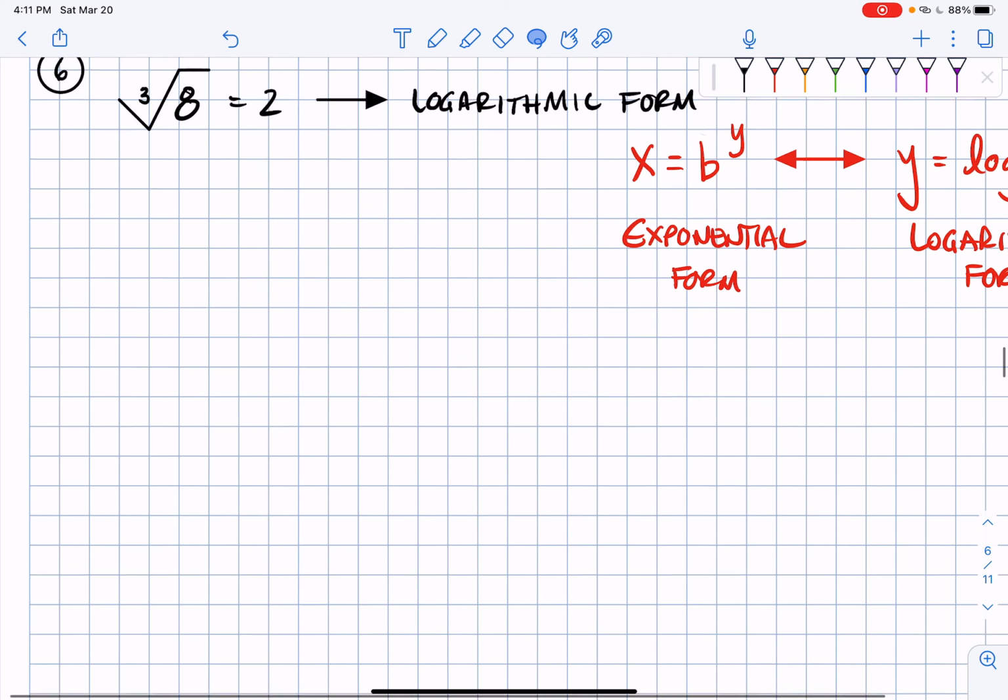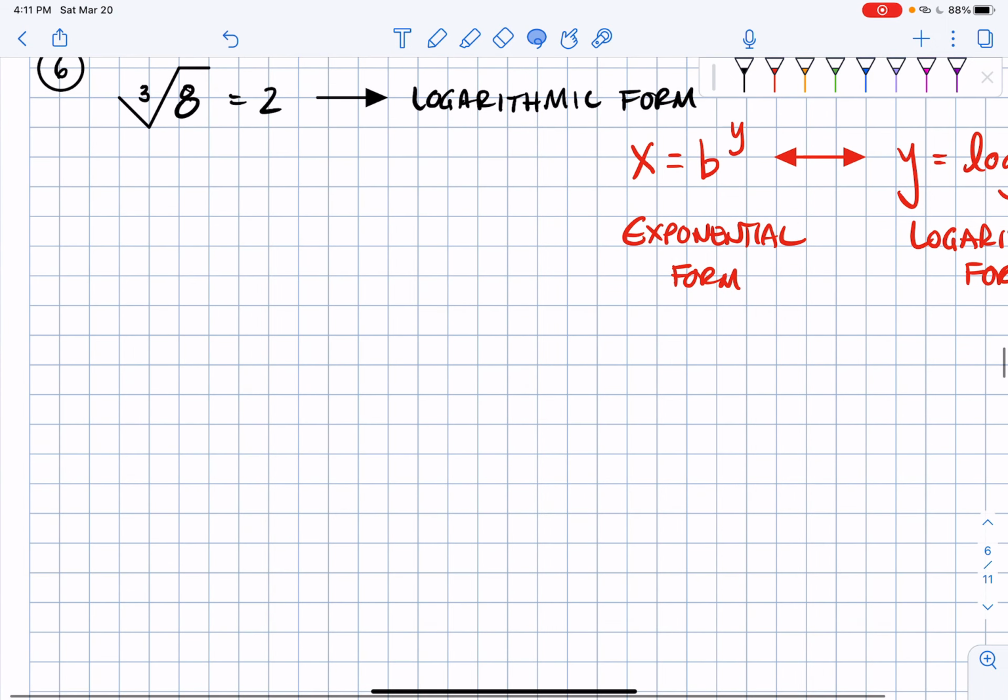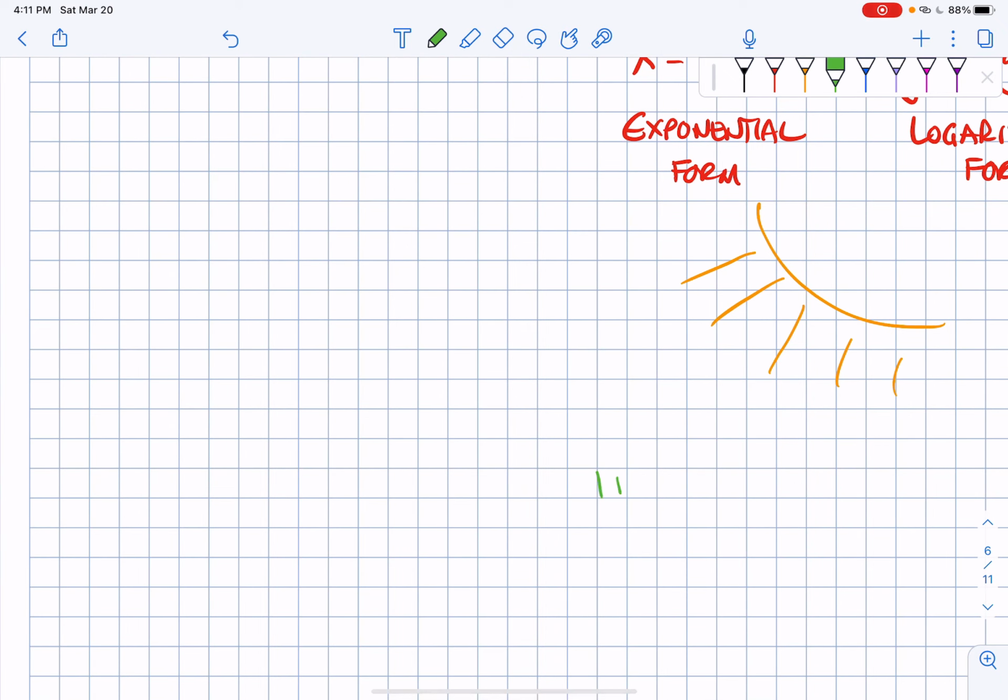Here's why I do it this way. Here's the sun, and here's your grass. If I'm here chilling, this grass is also my fraction.